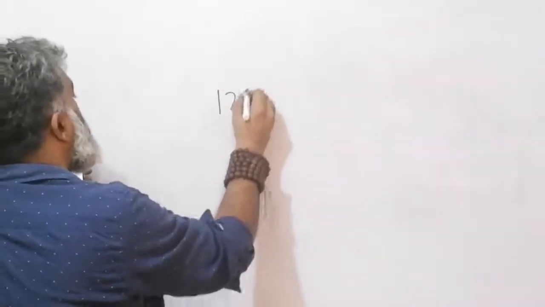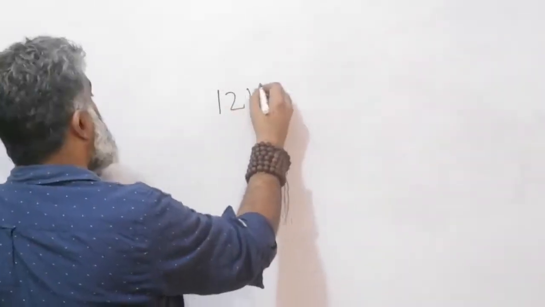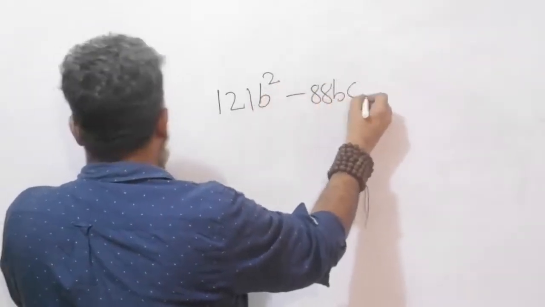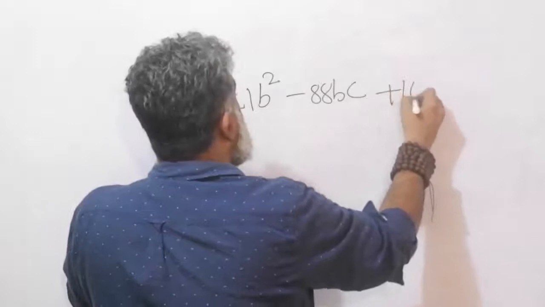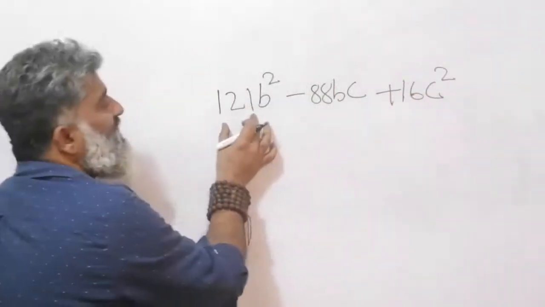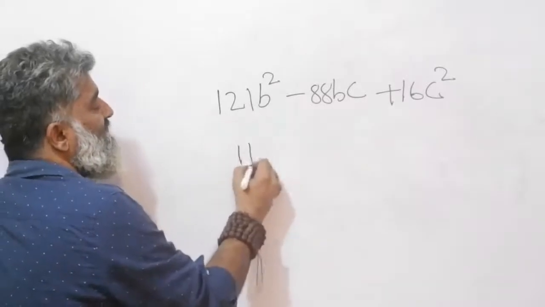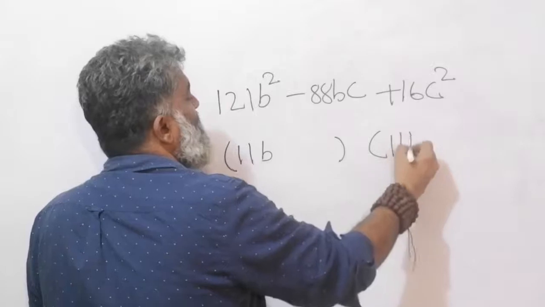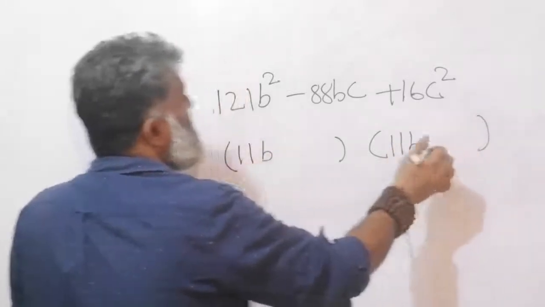Let's try one more just for confidence building, because 121 b square minus 88 bc plus 16 c square. So this 121 tells me 11b. So 11b, bracket close, bracket open, 11b, and then something else.